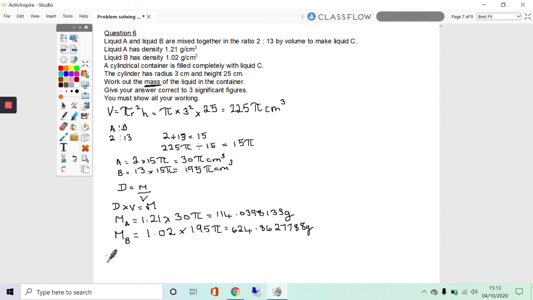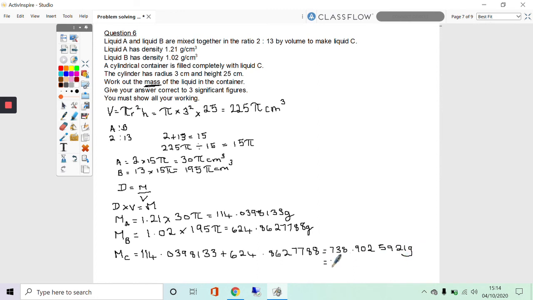So to find the total mass of the liquid in the container, I need to find the mass of liquid C, and that's what I'm going to get when I've mixed this amount of liquid A together with this amount of liquid B. So I'm just going to add up my two masses. 114.039813 plus 624.8627788, and that will give me 738.9025921 grams.